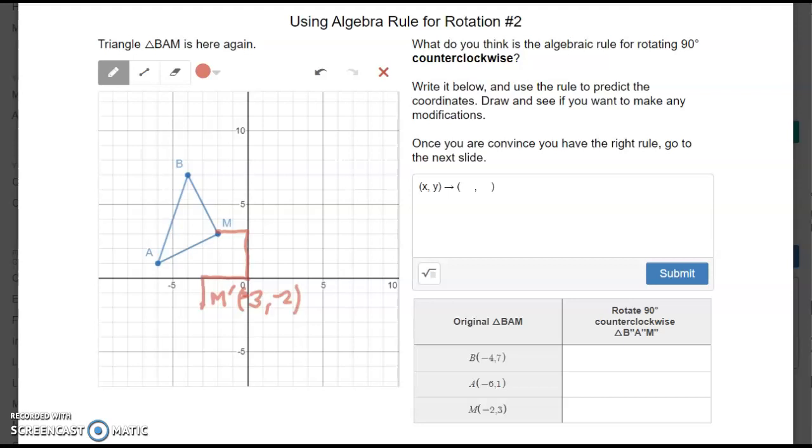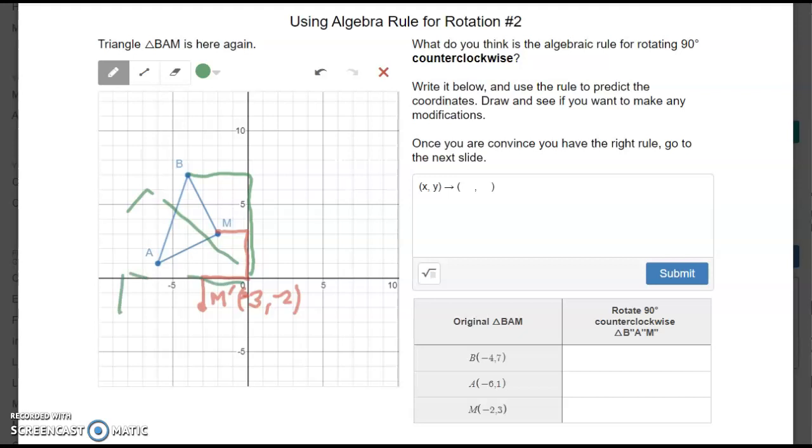So then what about B prime? Let me get a different color. For B prime, again I draw an L, and this time it's going 4 to the right and then 7 down. If I rotate this L, see if you can picture this L being rotated, it will look like this.